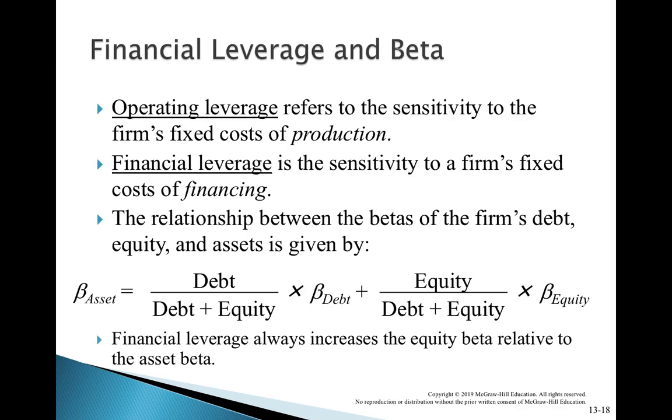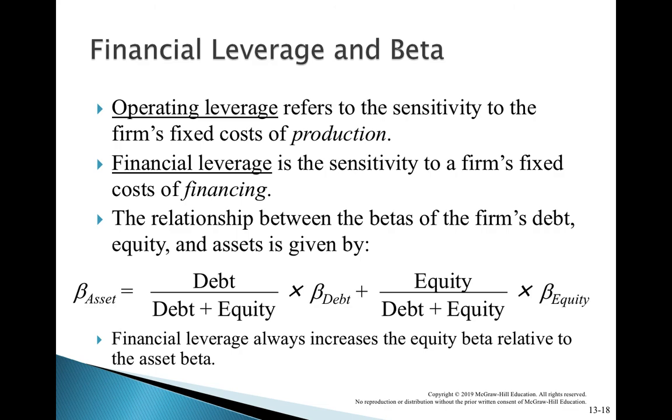In the previous slide we have seen weight of debt multiplied by beta of debt, weight of equity multiplied by beta of equity. Normally beta of debt is 0, therefore the left portion of the equation becomes 0. 0 multiplied by anything is equal to 0. So what remains is the equity divided by debt plus equity, multiplied by beta of equity.